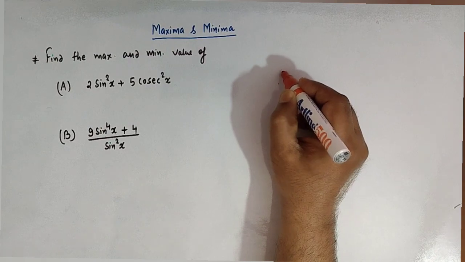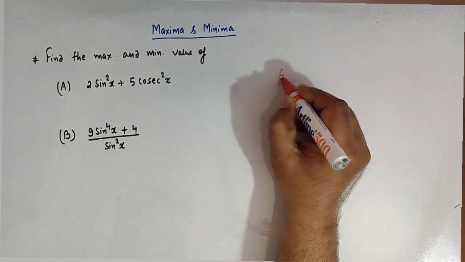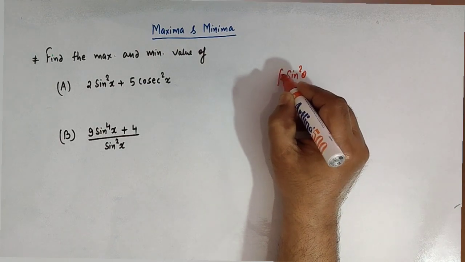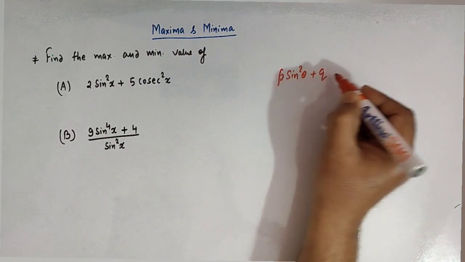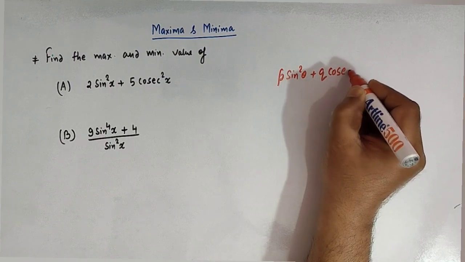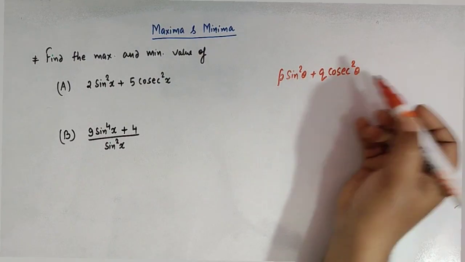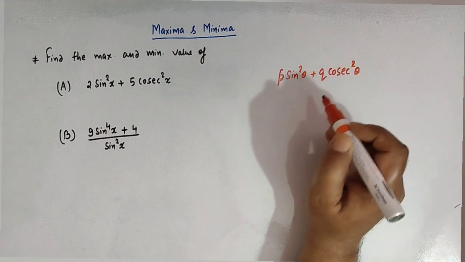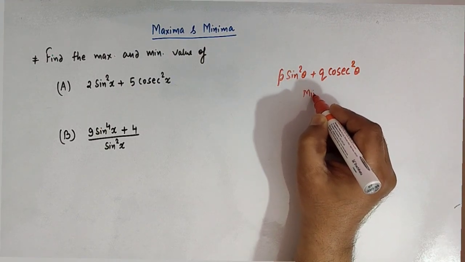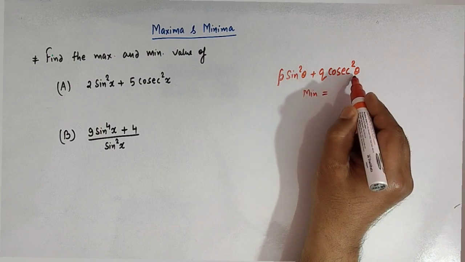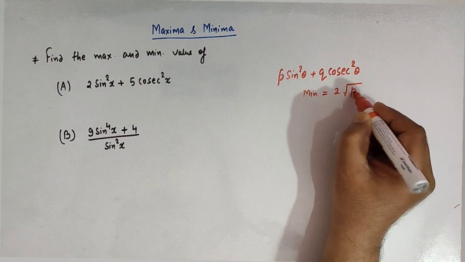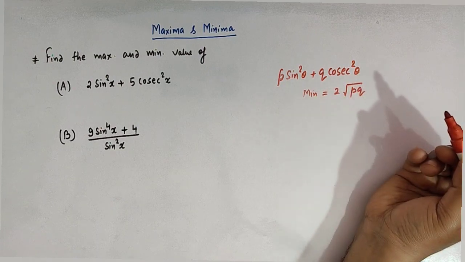Now let us first see the general expression, right? Suppose we have an expression like p times sine square theta plus q times cosec square theta, right? So whenever we have an expression of this kind, then the minimum value of this expression is 2 times square root of the product of p and q, right?